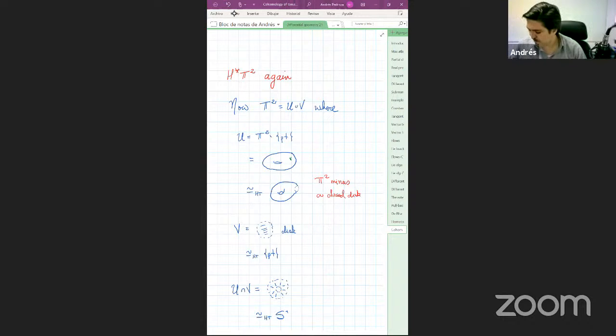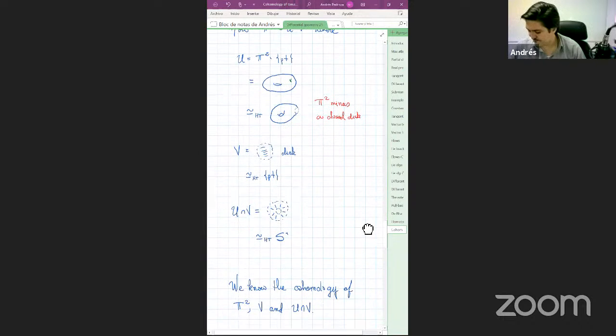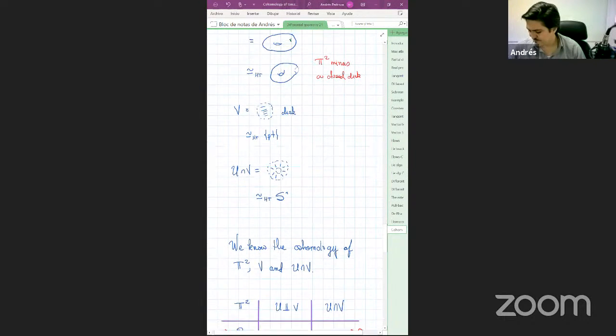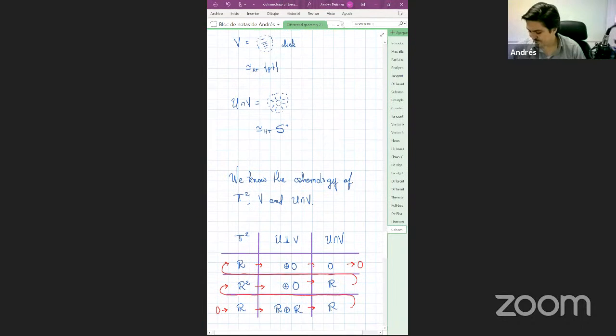So let's put all of this together. Here, V is a point, that's why I have R and 0.